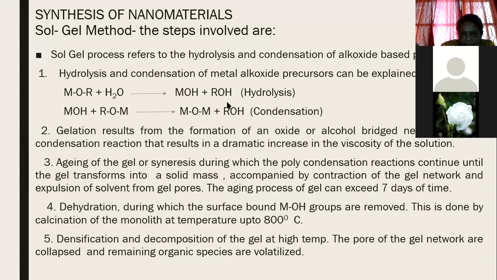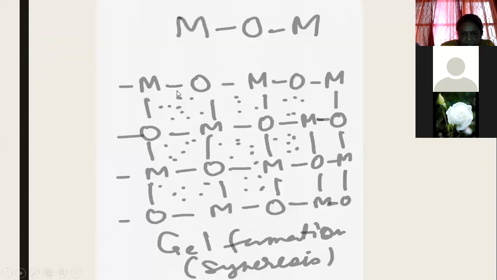After these two steps, hydrolysis and condensation, we should let this solution stabilize, and condensation will occur along the molecules. When the molecules come close to each other, there will be a formation of a network, just like I was telling you. You have the basic structure, this is the metal oxide, and all these molecules in the solution will come close to each other and keep forming a network.